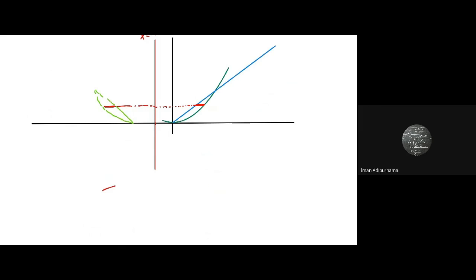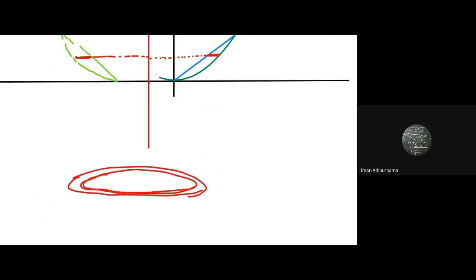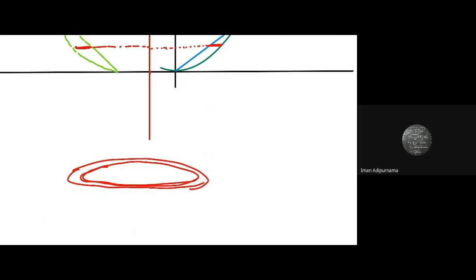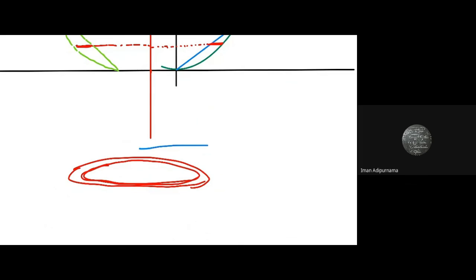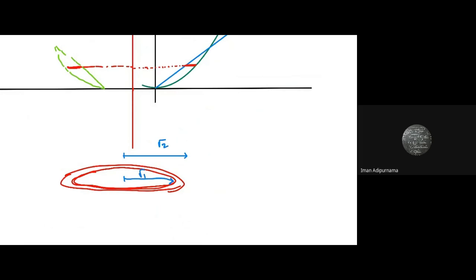Let me draw the disk. This will be the illustration of the disk. We have quite a large hole, so we can check the radius. We have this radius here. Let's say this is R2 and R1. Sorry, before I wrote R1, R2, but it depends on your preference which one you use.